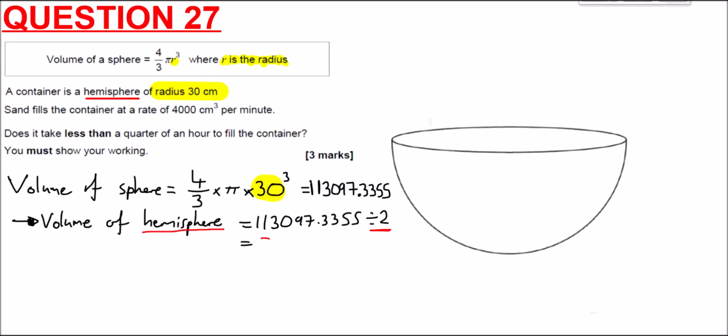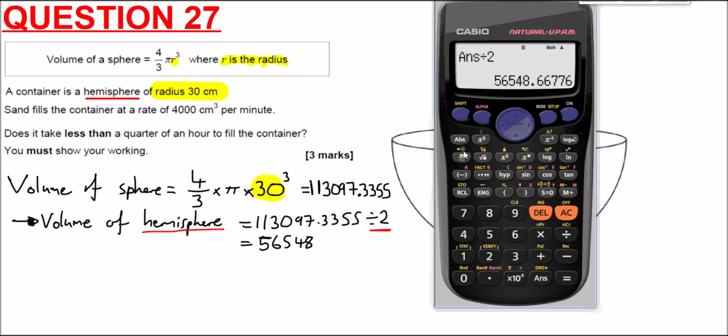56,548.66776. And write down as many digits as you can. Don't round off halfway through a calculation, otherwise some rounding errors could creep in. Round off only when you're absolutely confident it's safe to.